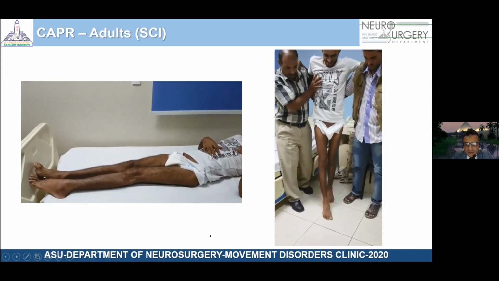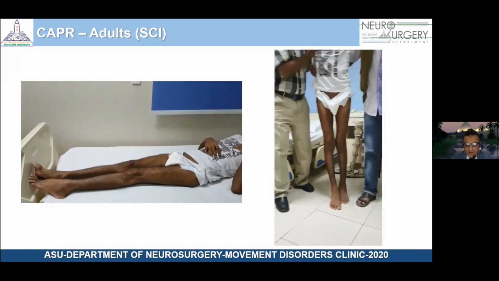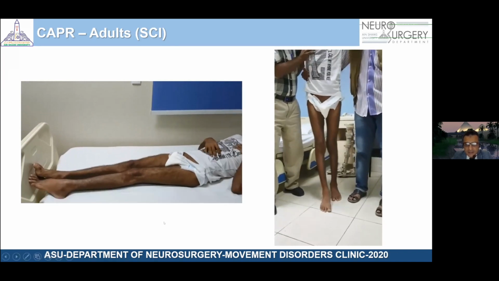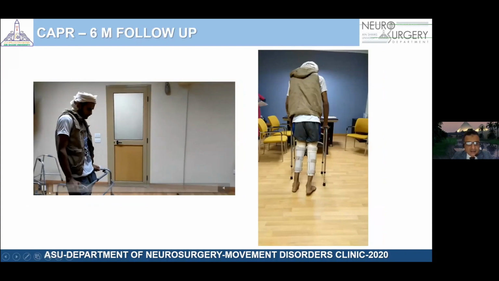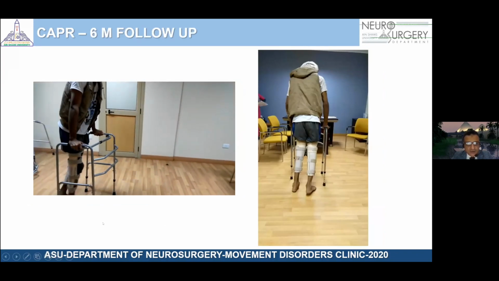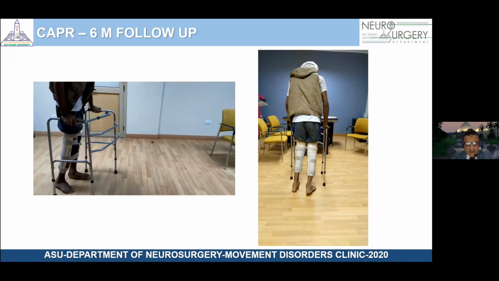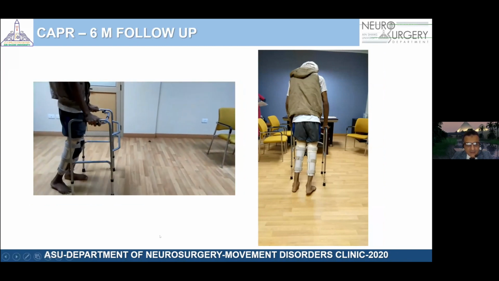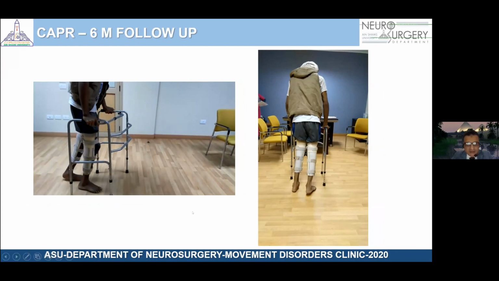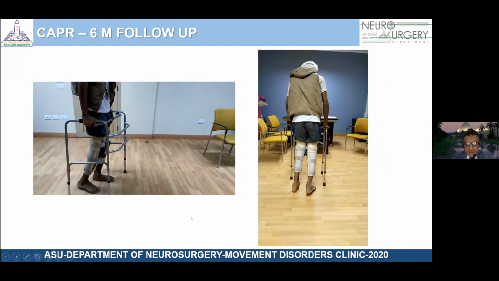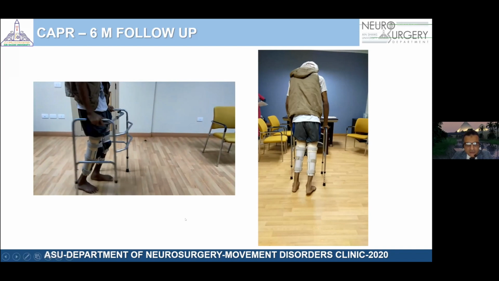He couldn't do gait patterns, and this is 3 or 6 months after surgery. He can ambulate with assistance, with much less hypertonia and good independent walking.